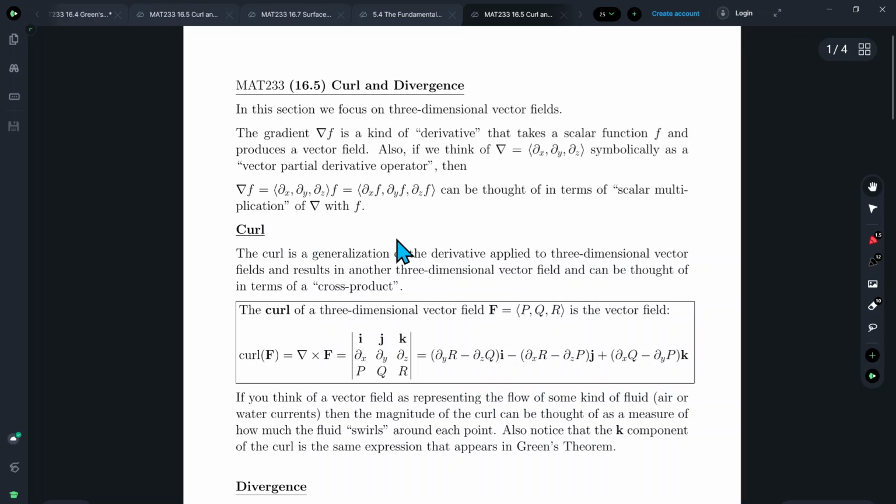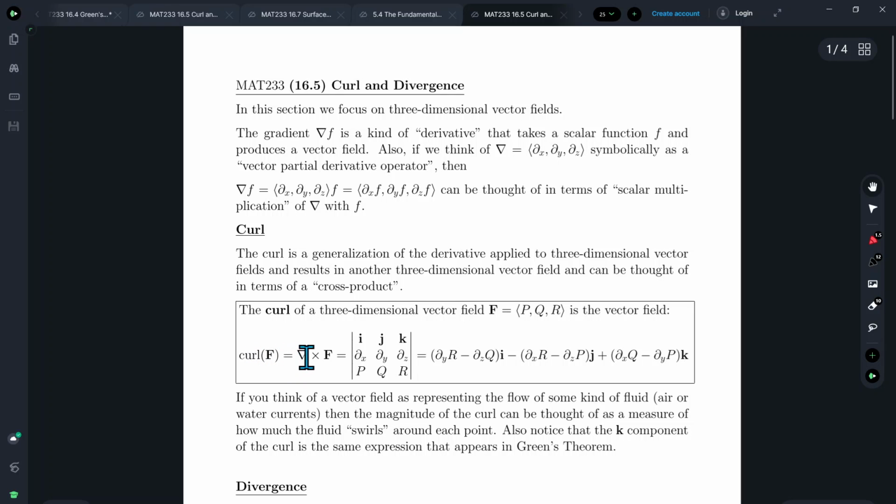Okay, so now let's introduce the curl. The curl is a generalization of the derivative that's applied to three-dimensional vector fields and results in another three-dimensional vector field. And the curl can be calculated in terms of something like a cross product. So the formula for the curl is written out here. You have a three-dimensional vector field whose components are p, q, and r.